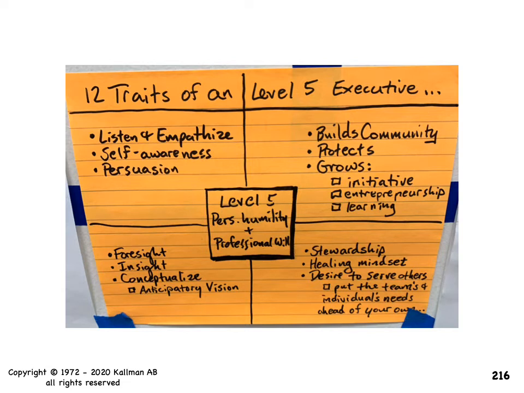And so a true level 5 executive will recognize the damage that's been done by management and figure out how are we going to help heal this. And they have a desire to serve others. Okay. And so it's really important that they have a servant leadership mindset. And they put the teams and the individuals' needs ahead of their own.